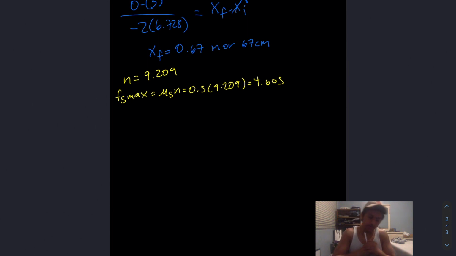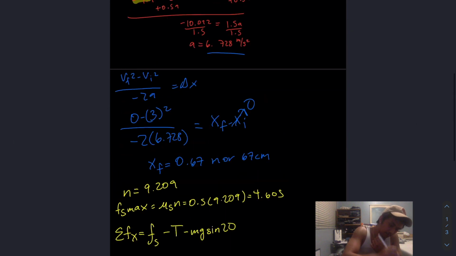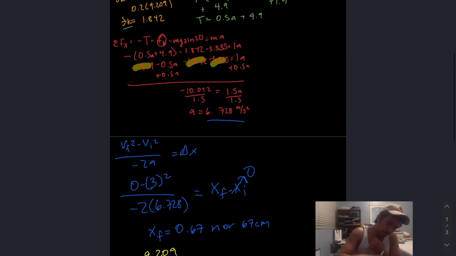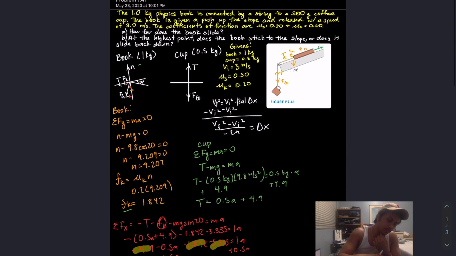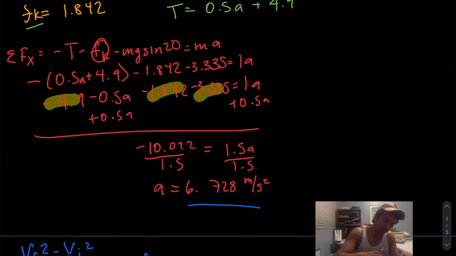So now I can do the sum of the x's, which equals static friction minus tension minus mg sine 20. It's the same thing as here, but instead of using kinetic friction, I used static friction.